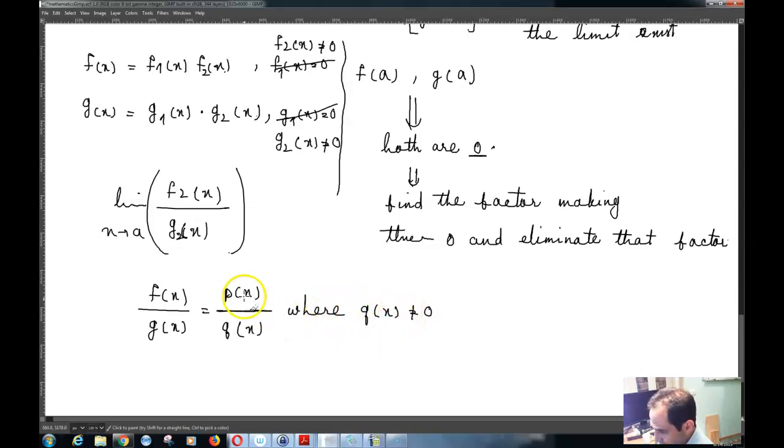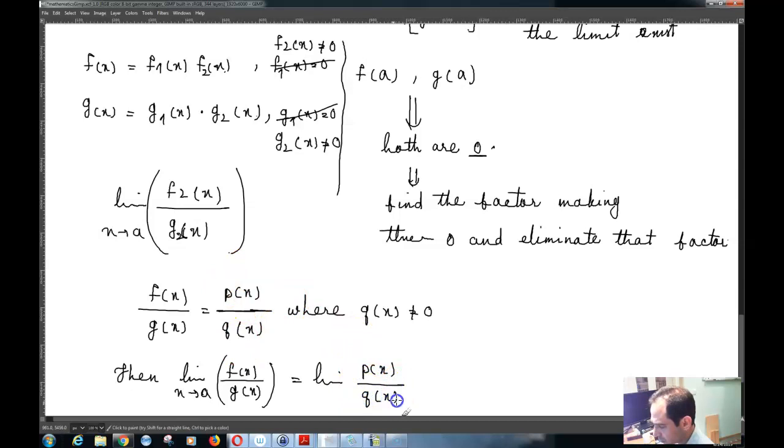And then the limit of f of x by g of x as x tends to a is equal to the limit of p of x over q of x as x tends to a, which is then equal to p of a over q of a. Very simple. P of a over q of a is the value of your limit.